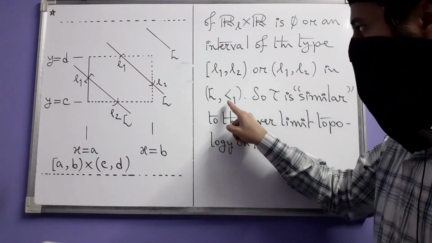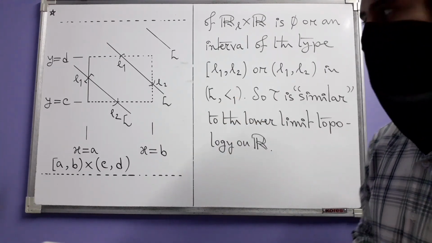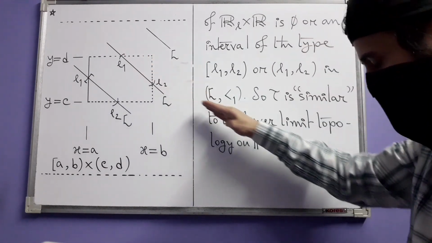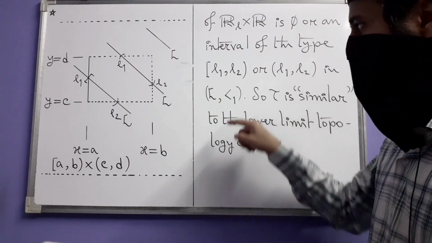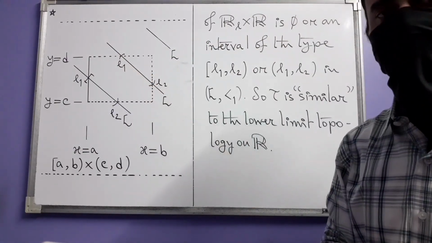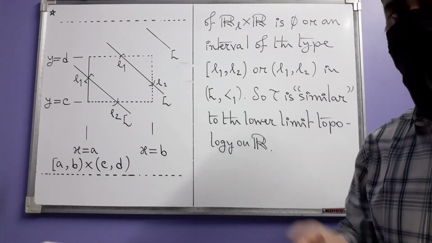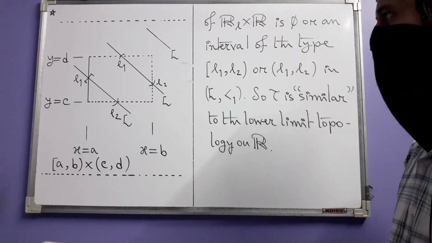Now think of the ordered relation that L has. According to that ordered relation, this is the direction in which points increase. So in this ordered set, this is an open interval (L1, L2). So that's why we wrote that here.